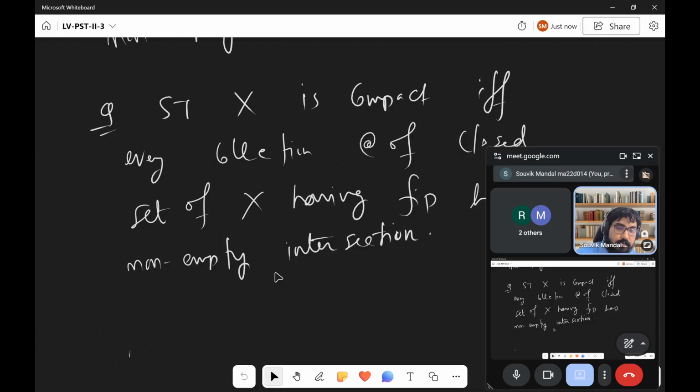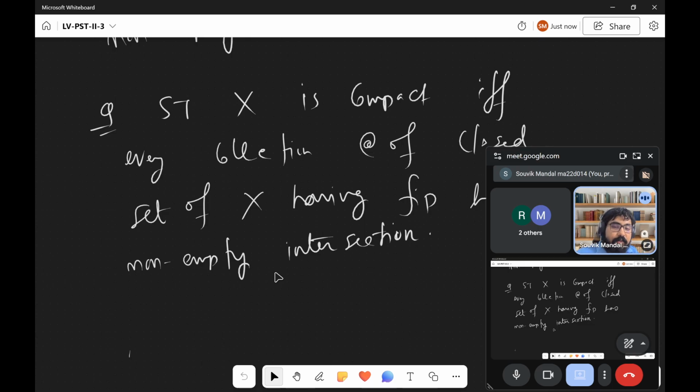It means if you take any collection, if this collection has FIP, then the intersection of all the elements of that collection C is non-empty. Is the question clear? Yes.